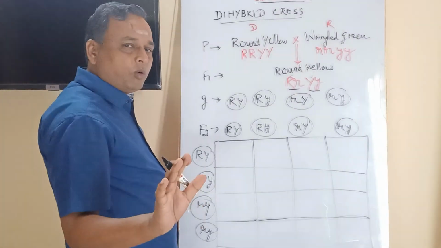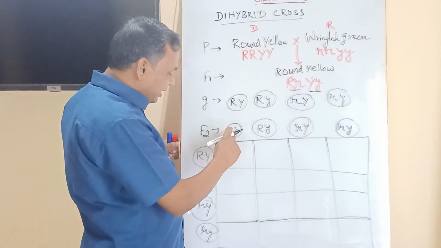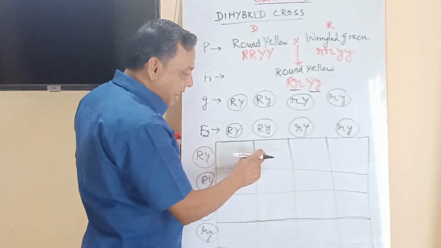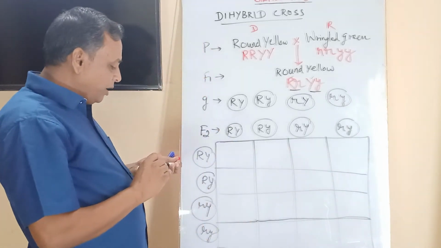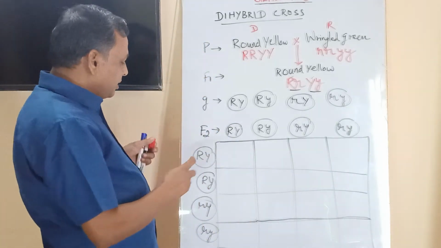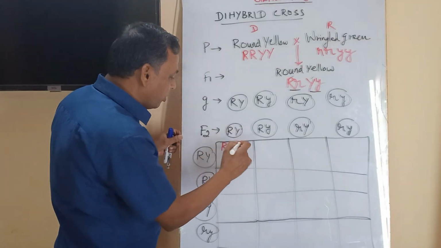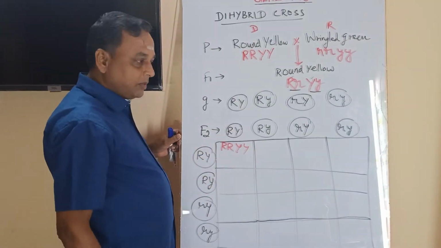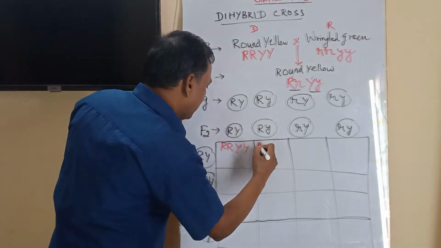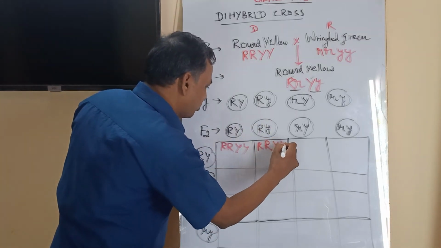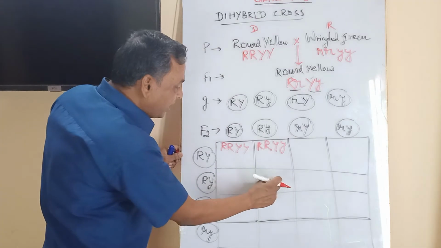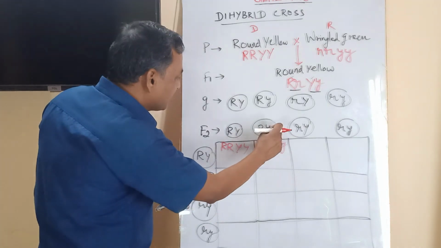Now what are we going to do? Crossing these two, this line completely. How will you cross? Capital R, because round is together, yellow is together. Next, what do we get? Capital R, small r, capital Y, small y. What will be here? This and this we have to cross.